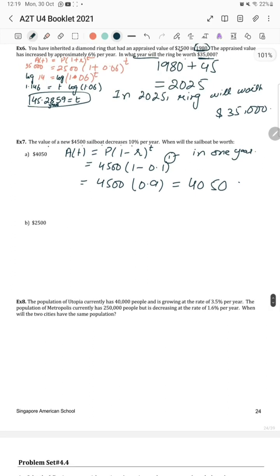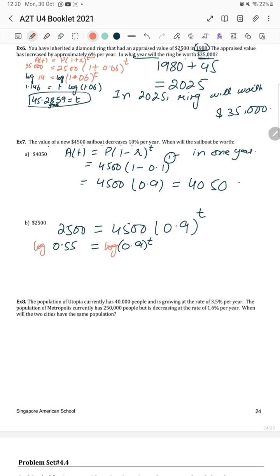Okay, so when will the sailboat be worth 2,500? So for 2,500 it's going to equal 4,500 times 0.9 to the power t, because we're going to find t. So 2500 divided by 4500 is equal to 0.55, which is equal to 0.9 to the power t.